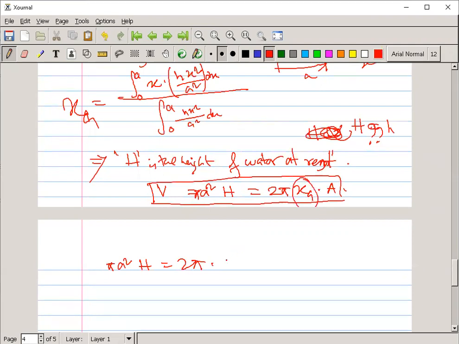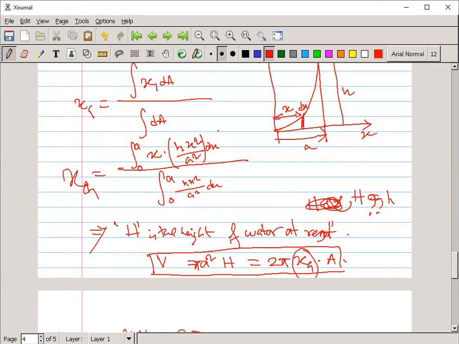Can anybody tell me, for any parabola, what is the formula for xg? You have to solve these equations. So x into h x cube, if we simplify this, x cube dx over x square dx, it will finally come to 3a by 4.